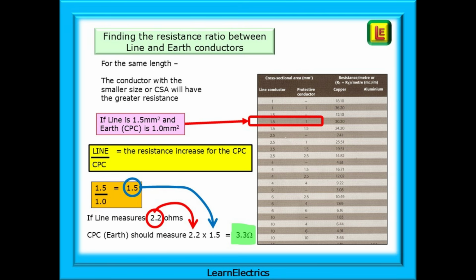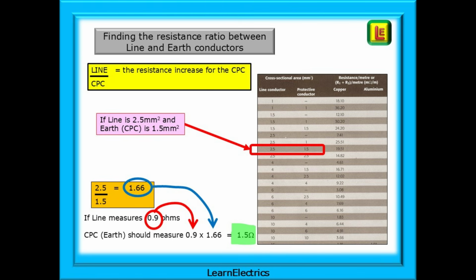If our twin and earth cable has a line of 2.5 square millimeters and an earth of 1.5 square millimeters, 2.5 divided by 1.5 is 1.66666 and so on, which we can round down to 1.66 or round up to 1.67.